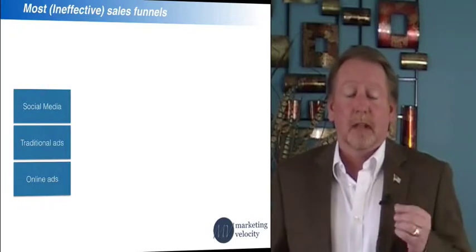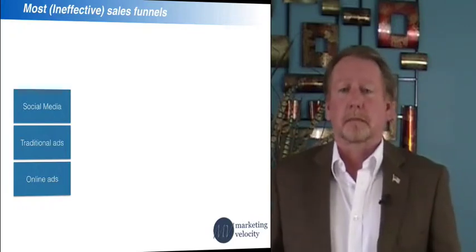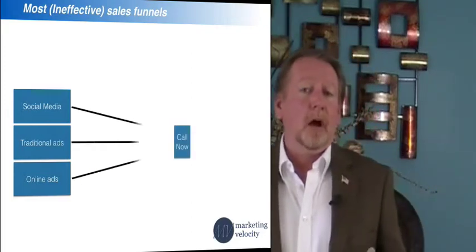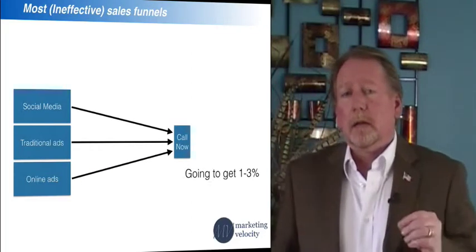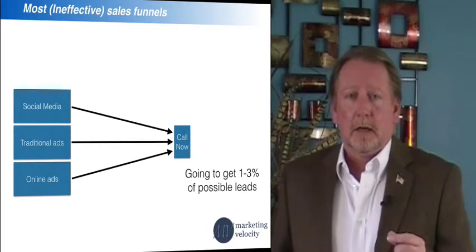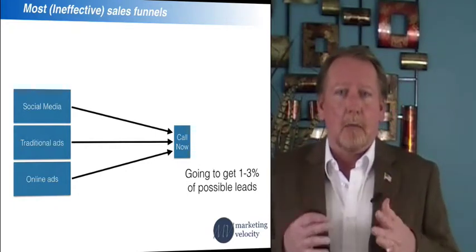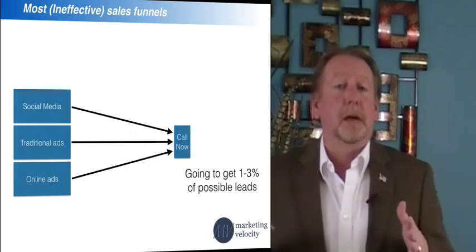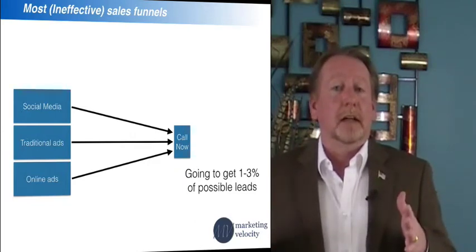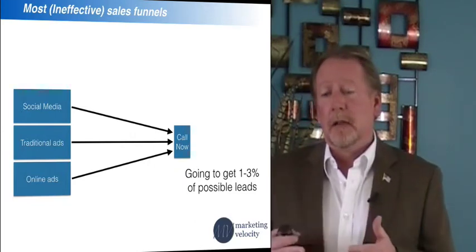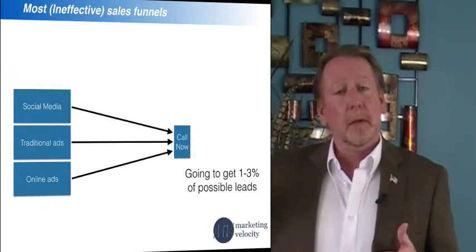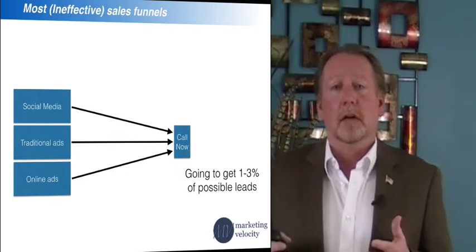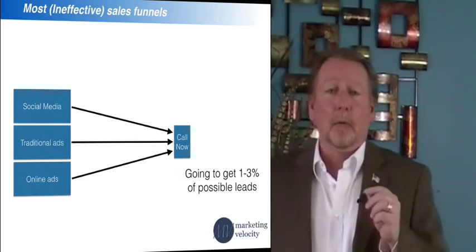Traditionally, and almost every time, they say, call now. Well, as we talked about, only 1 to 3% of people that come into contact with you are really now buyers. 97% of the potential prospects that you have out there are not now buyers. That means they may be ready to buy in 6 months, they may be ready to buy in 12 months. But if you're running an ad that says call now, you're missing them because they're not ready to call now.